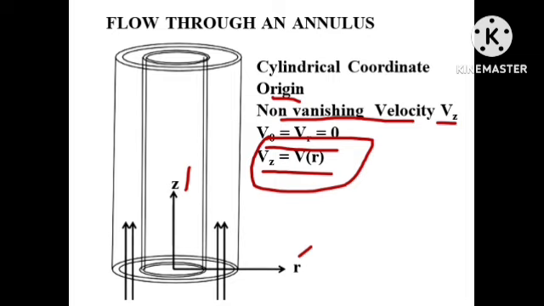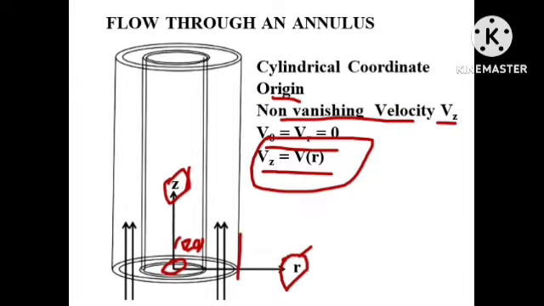The non-vanishing velocity is in the z direction on the r. Should I repeat this? Okay, now I will repeat this once more. This is the origin, 0, 0. This is z. This is r.